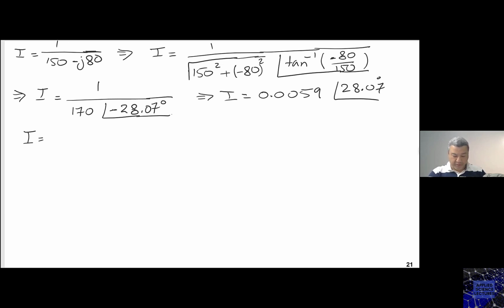Square root of 150 squared plus 80 squared. I got 126.9. Okay. I'm getting 170. So how do you calculate it? Square root of 150 squared plus 80 squared.